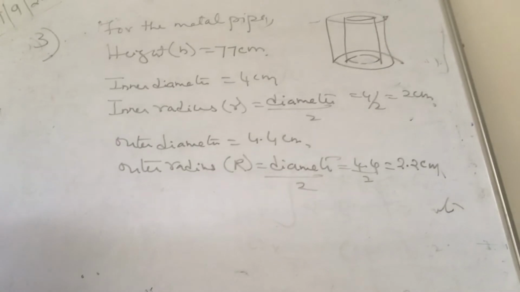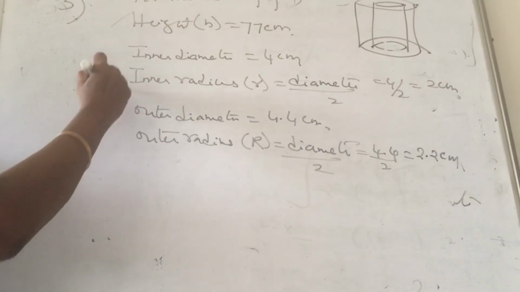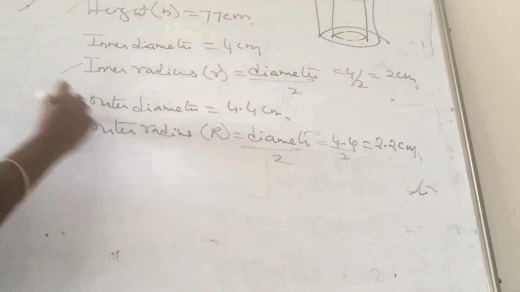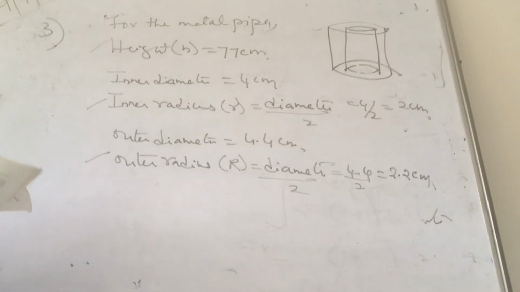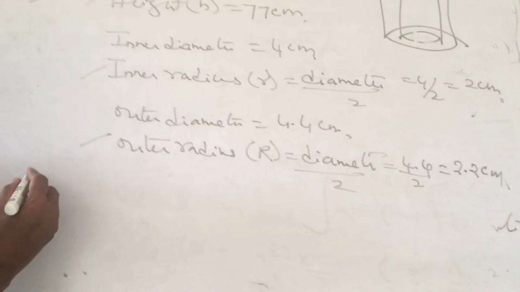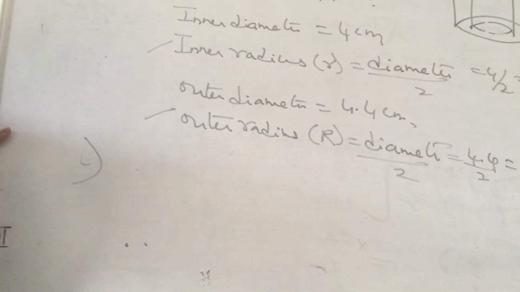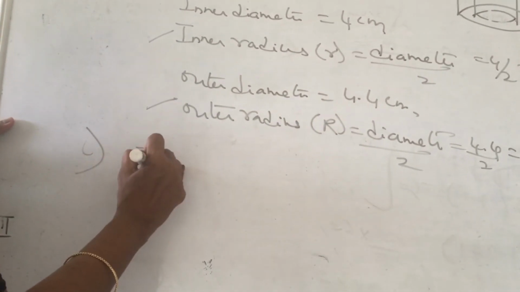3 quantities. Height, radius, outer radius. With these 3, we are going to find out the inner CSA. Inner CSA.